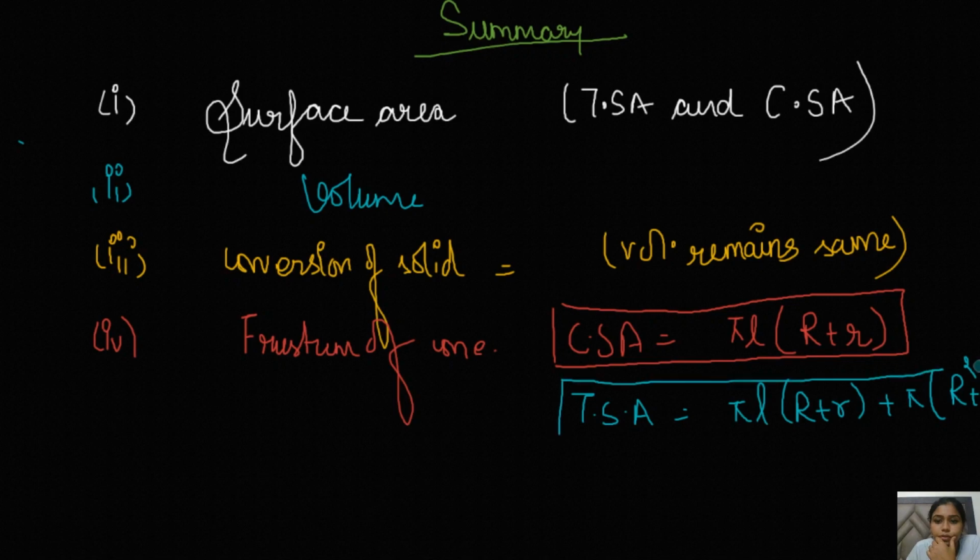This is the TSA. And the last thing is the volume. So volume is basically 1 by 3 into pi h, R square plus small r square plus R r.